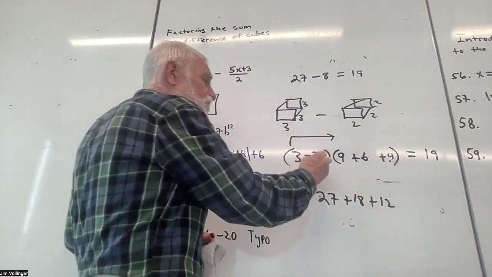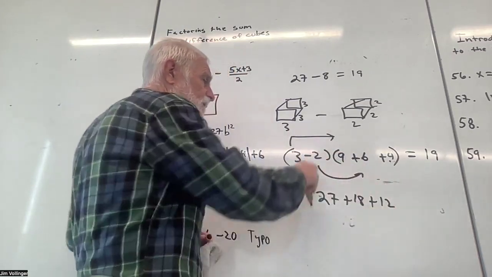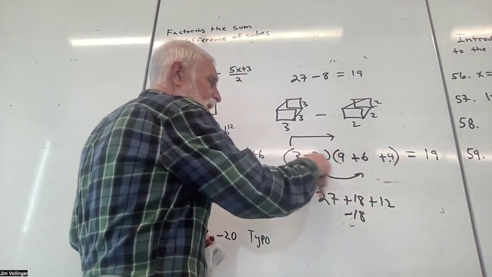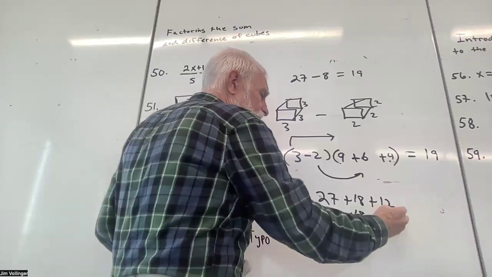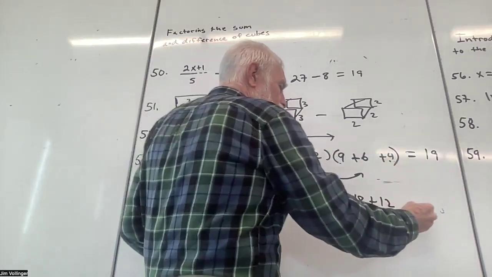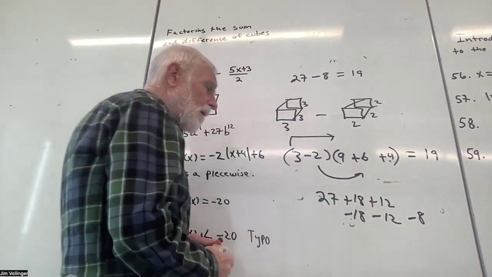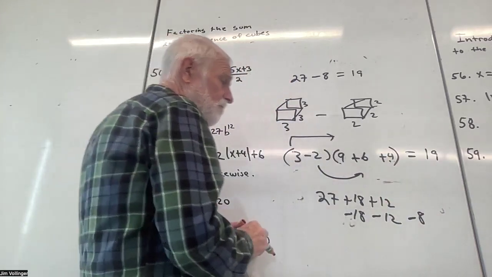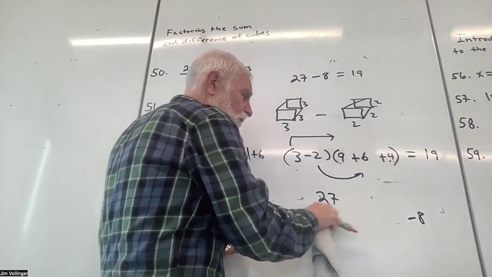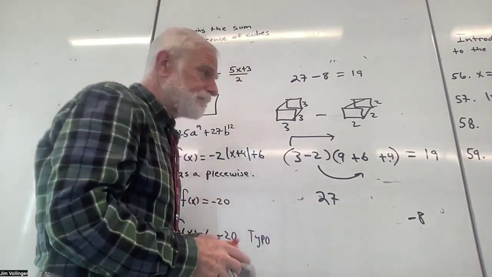Now let's do minus 2 times this parentheses. Minus 2 times 9, minus 18. Minus 2 times 6, minus 12. It's got a little conjugate feel to it. Minus 2 times 4, minus 8. All right, let's get rid of the middle terms here that cancel out of the problem. And I think I'm looking at 27 minus 8.